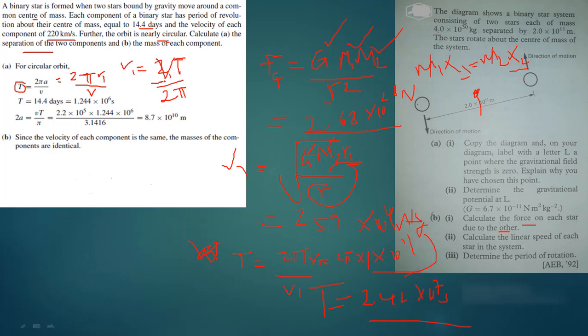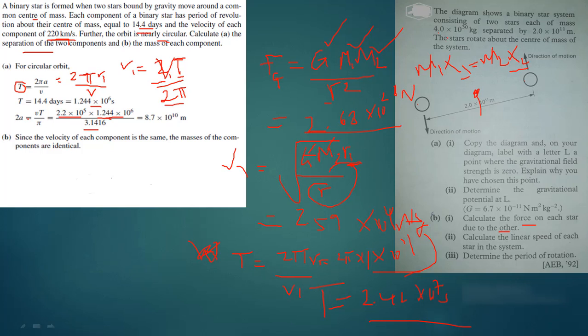So if we put v1, which is that, if you convert into meters per second, you get that. If you have the time period 14.4 days, if we convert to seconds, is that amount, divide by 2 pi.